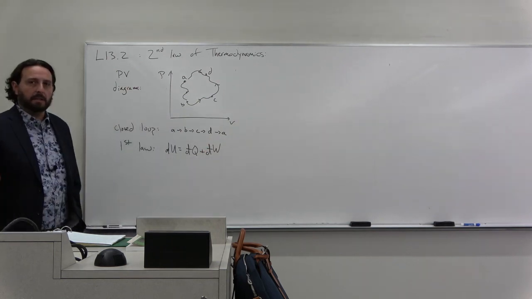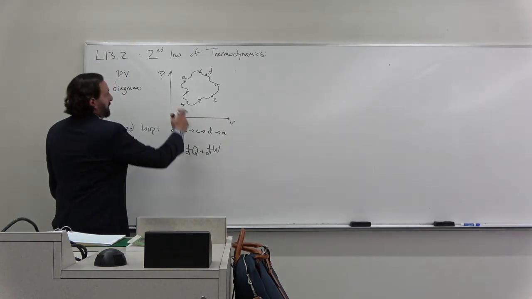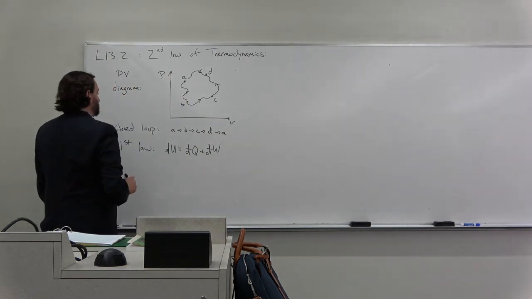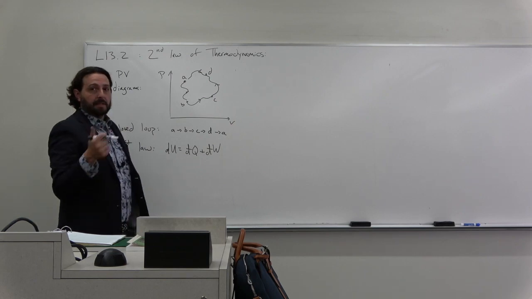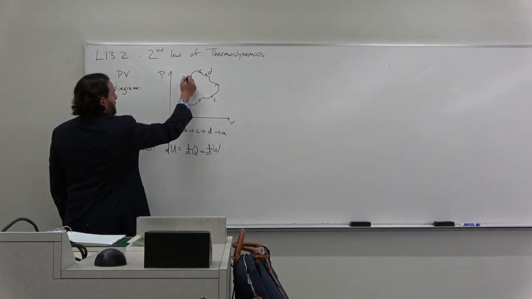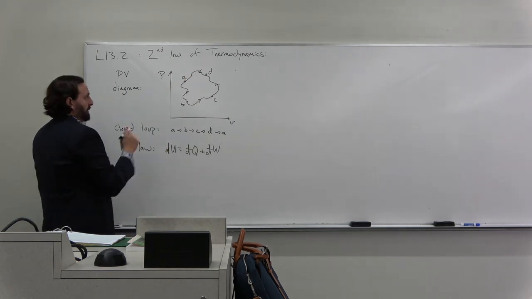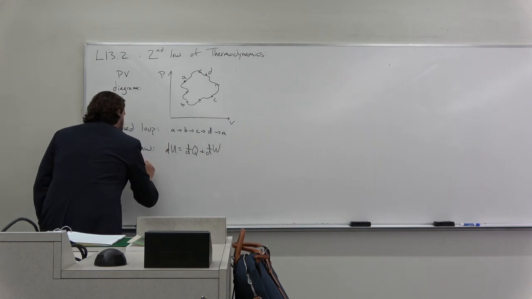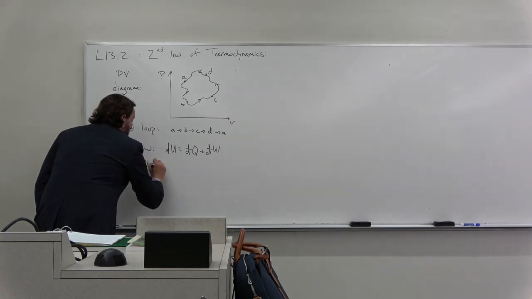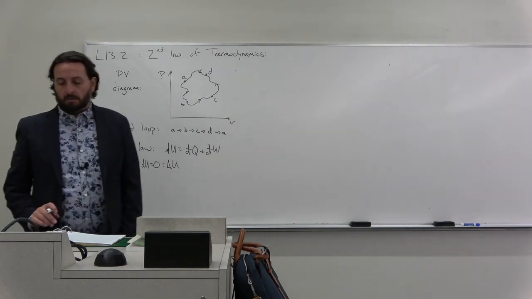Let's just think about these terms one at a time. What do we know about dU during this? Well, we know that since U is a state function, it only depends on where I'm at. So in this process, when we go around the whole loop, dU is equal to 0. We're unchanged.